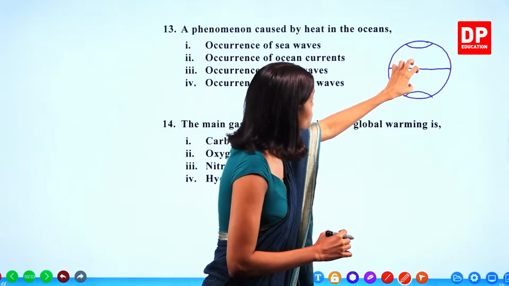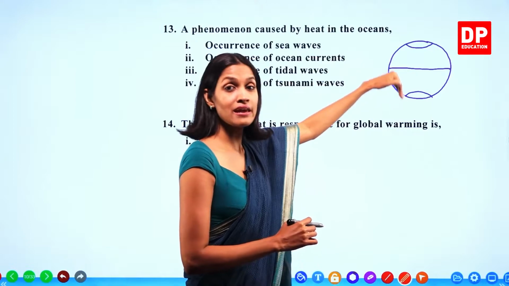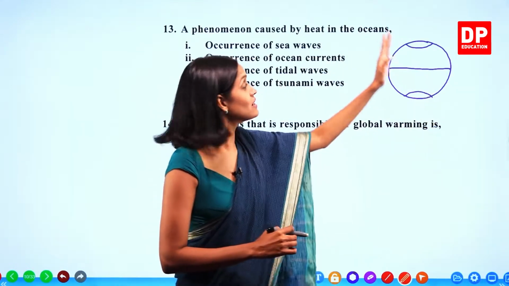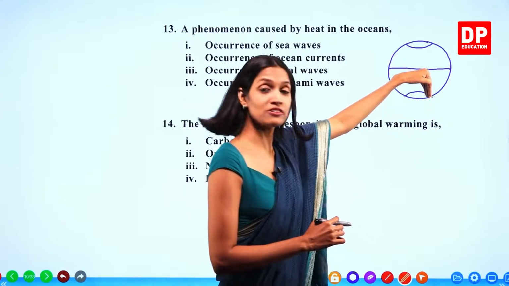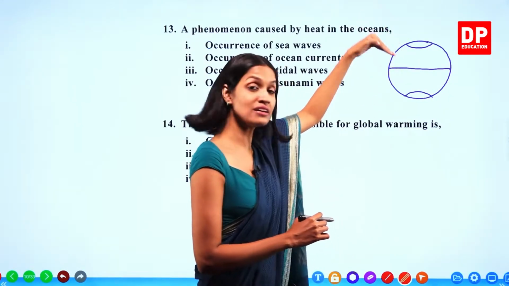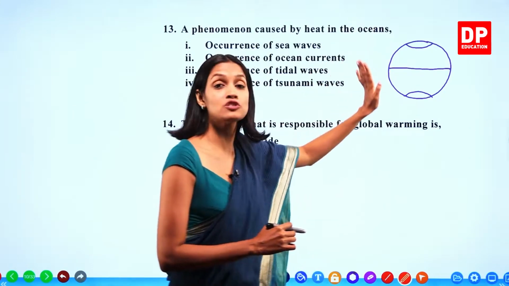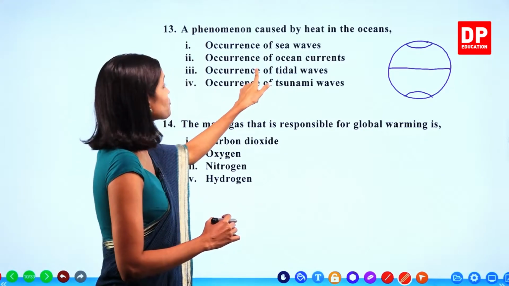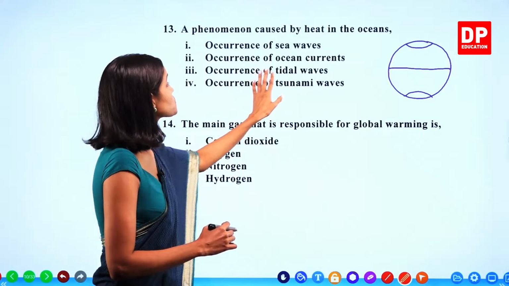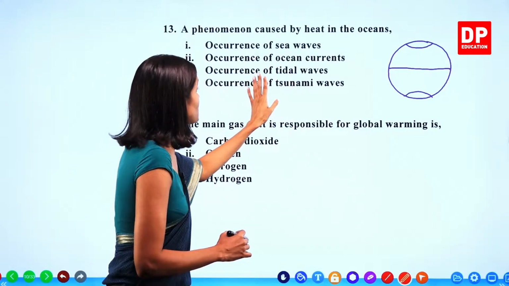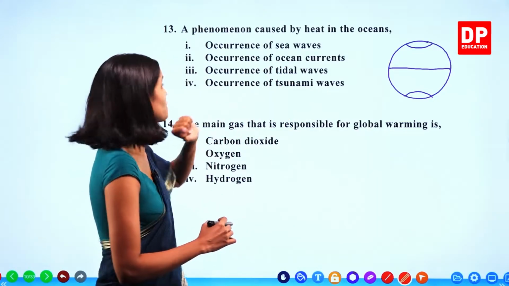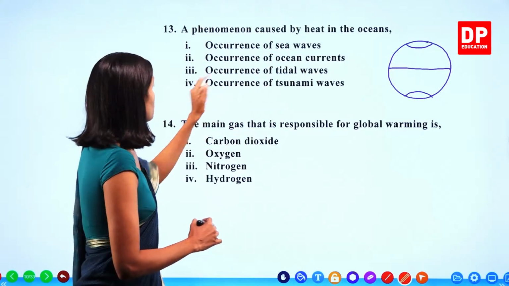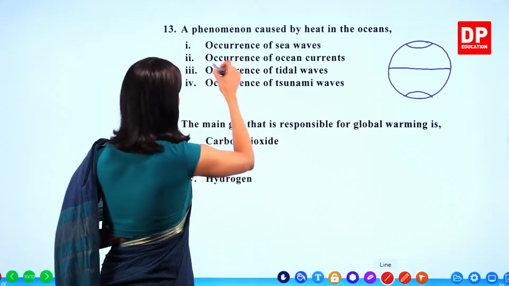So this hot water goes to the polar regions and the cold water from the polar regions comes to the equator area, and this moving of water between the polar regions and the equator is known as water currents, right? So this is correct. Occurrence of tidal waves and tsunami waves don't take place because of heat change, okay? Therefore, a phenomenon caused by heat in the oceans is occurrence of ocean currents.